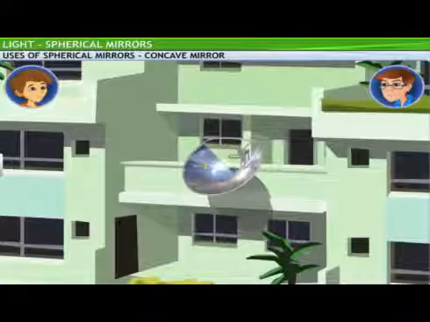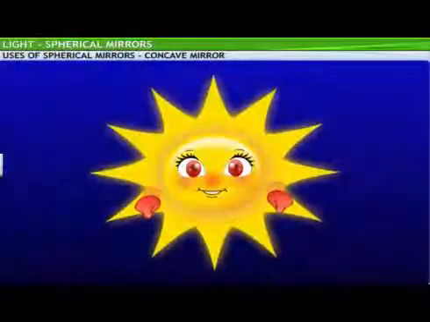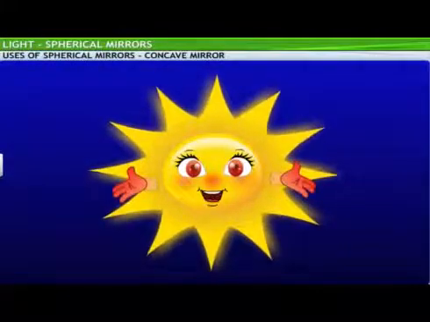Concave mirrors are also used to focus sunlight for heating purposes in solar heaters or solar concentrators. You also see it being used as a reflector in flashlights and headlights of cars and scooters to give more visibility to drivers at night. Let's have a quick recap of the uses of a concave mirror.